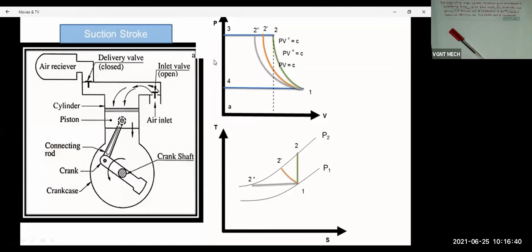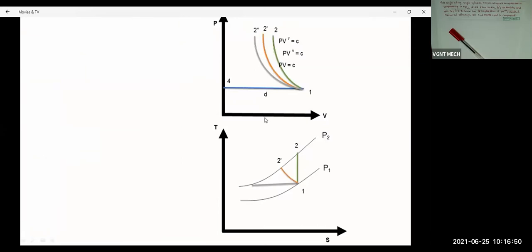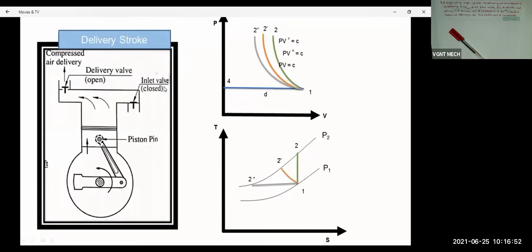Now we divide these diagrams into different parts for better understanding, that is points B, C and D. We already understand the delivery stroke: the compressed air is delivered into the air receiver.